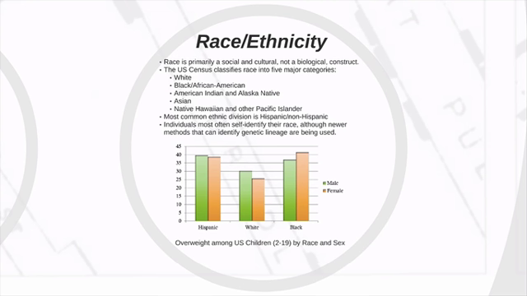Most often, and perhaps appropriately, we have individuals self-identify their race. We ask people, how do you identify yourself? However, there are some new methods that can identify genetic lineage. This is called genetic admixture.